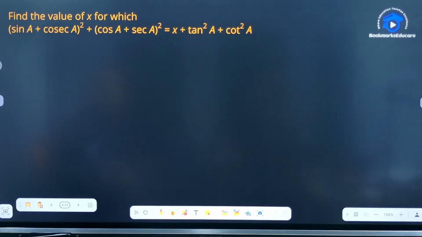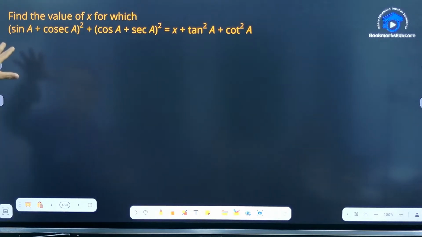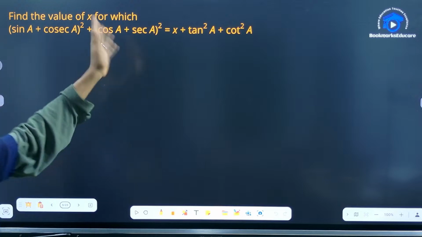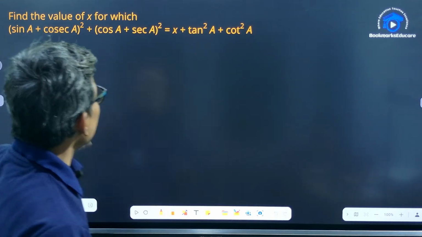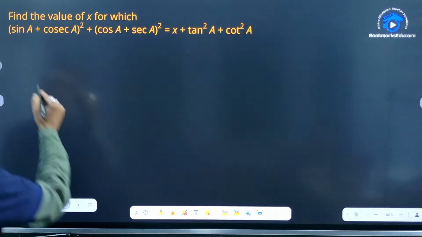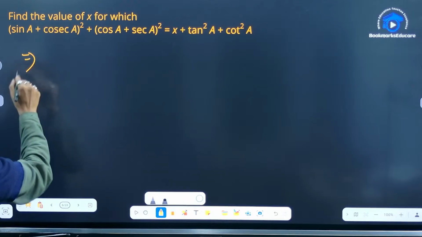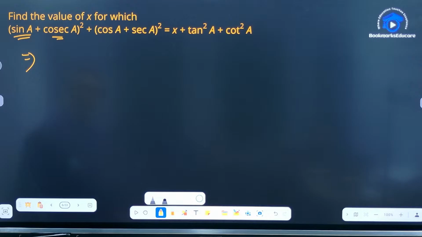Next sum. Find the value of x for which (sin A plus cosec A) whole square plus (cos A plus sec A) whole square is equal to x plus tan square A plus cot square A. This sum belongs to trigonometry. So we have to apply the (a plus b) whole square formula here.